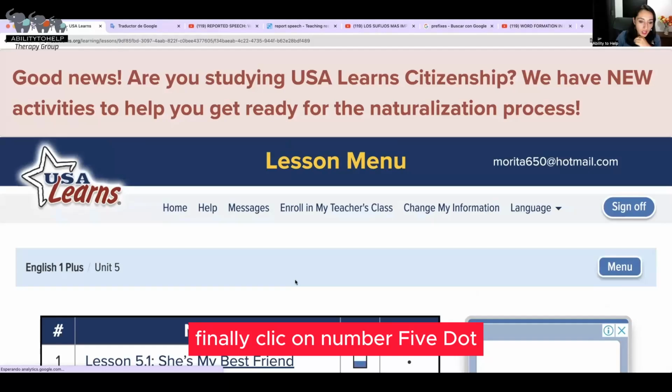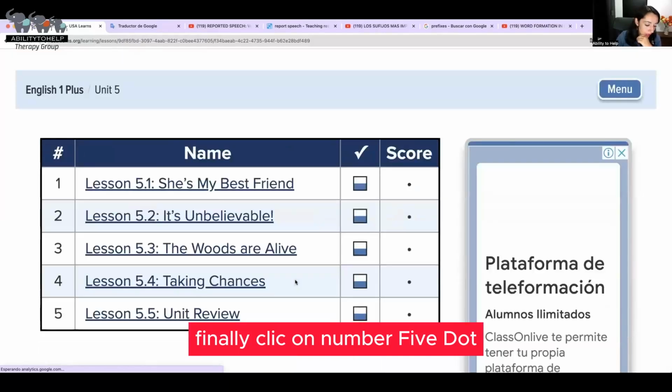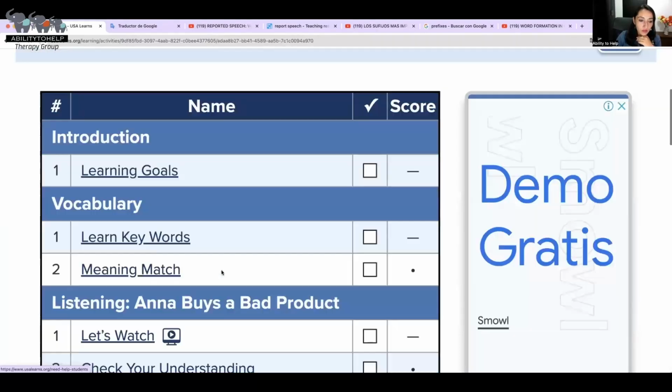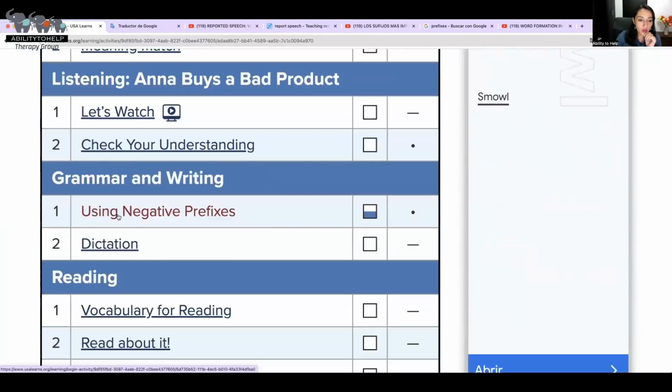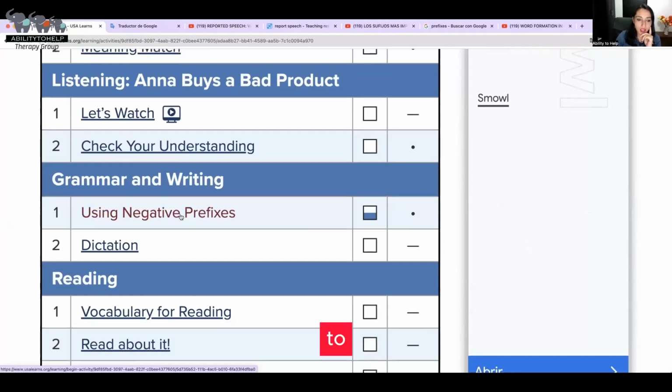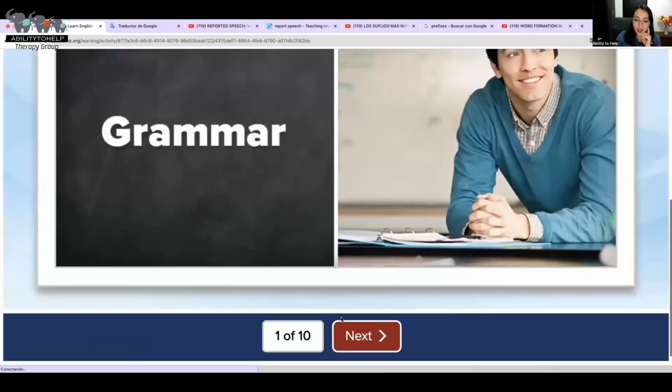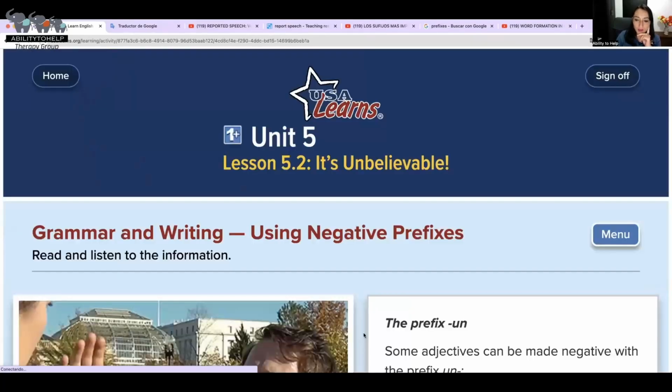Finally, click on number 5.2. So we are going to use negative prefixes. This is the topic that we are learning right now. So let's see the explanation here.